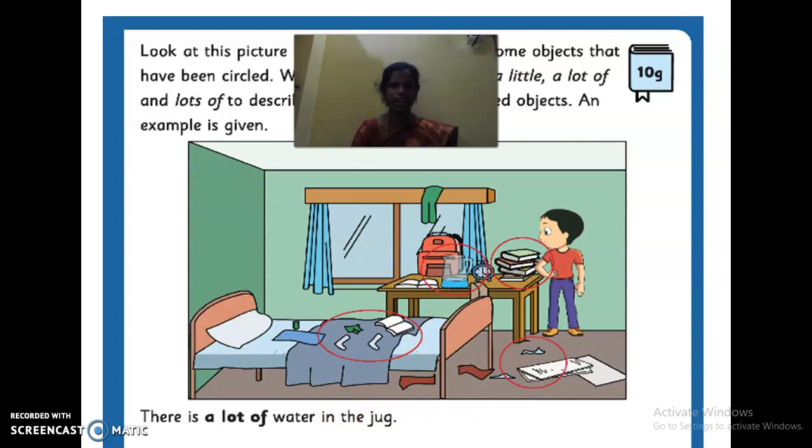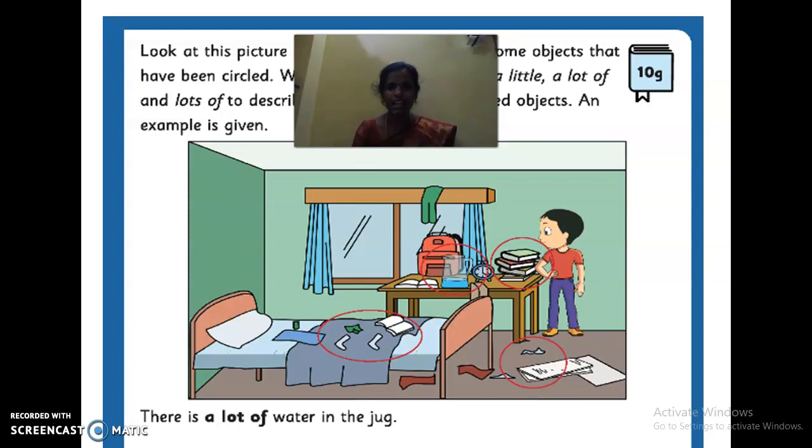Yes, I will help you to make a sentence. See here, paper, books, socks. These are called countable nouns. Water is an uncountable noun. So as I already told you, a lot of and lots of we use for countable nouns. A little we can use for uncountable nouns.